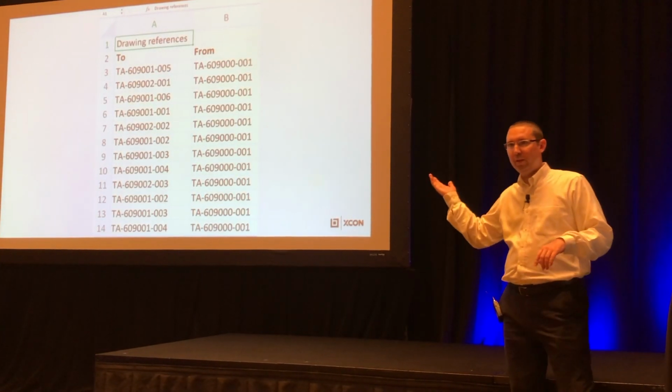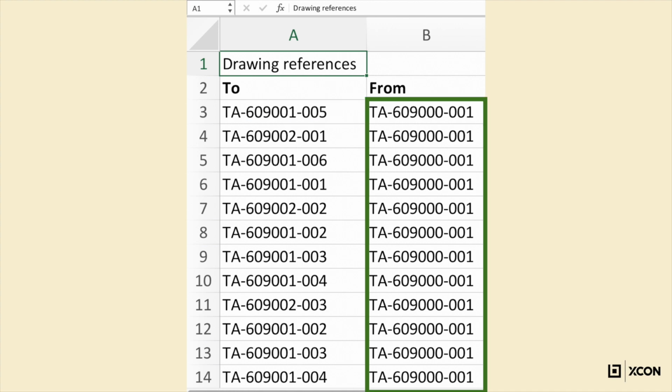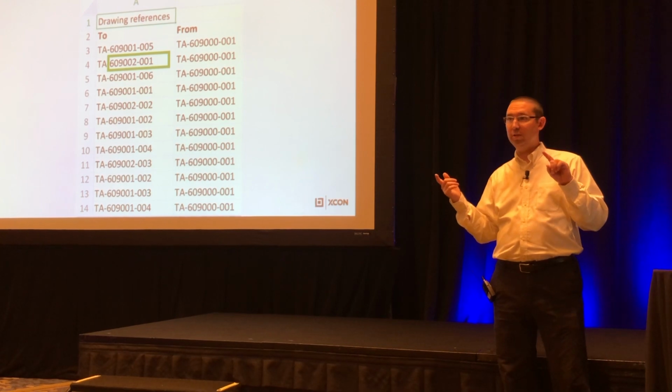So this is what the script outputs. In this column, this is the file that it was looking through, and each of these other files are links. Sorry, that file has links. The from file has links to the two files. I put it in this order because this is what you need to know, right?